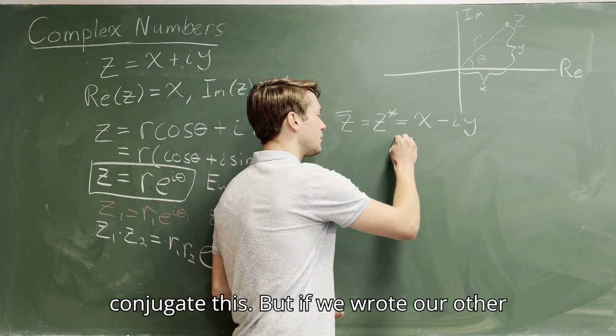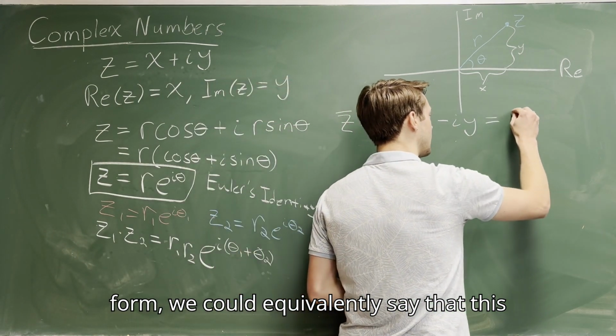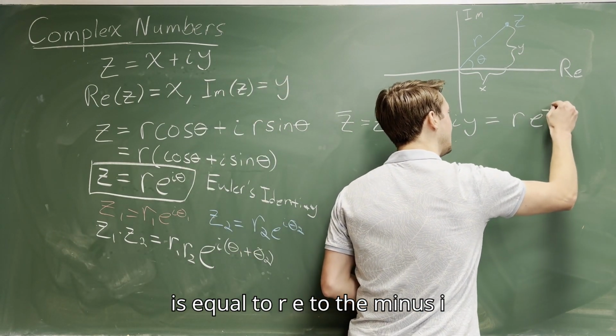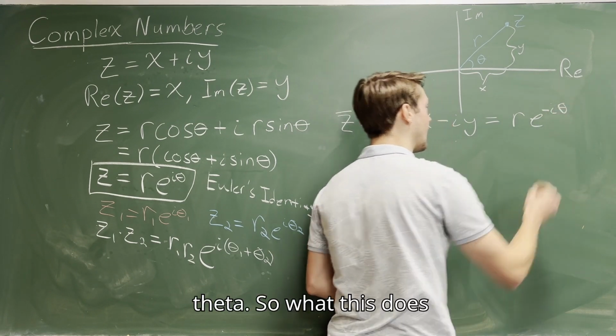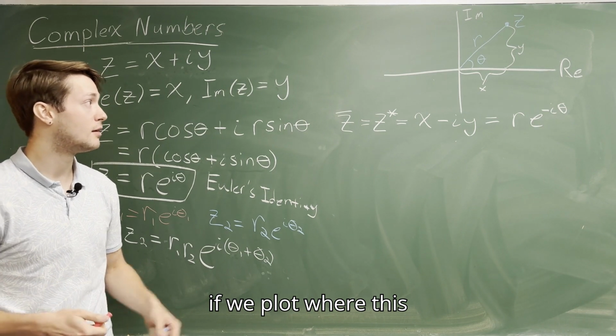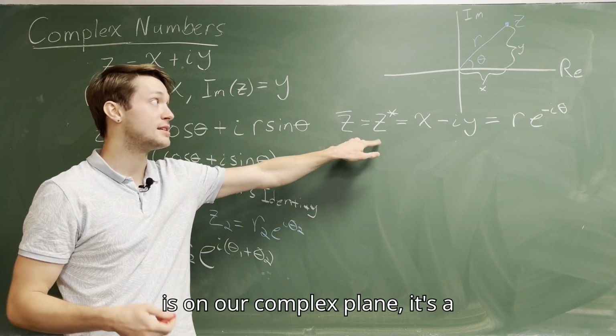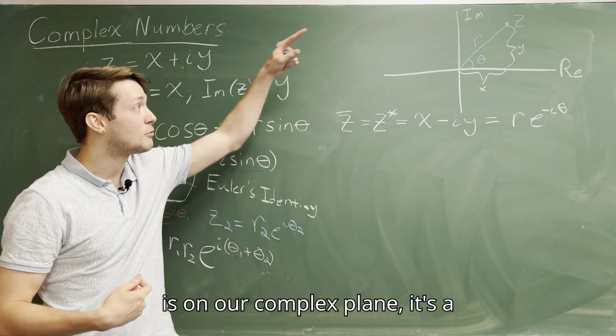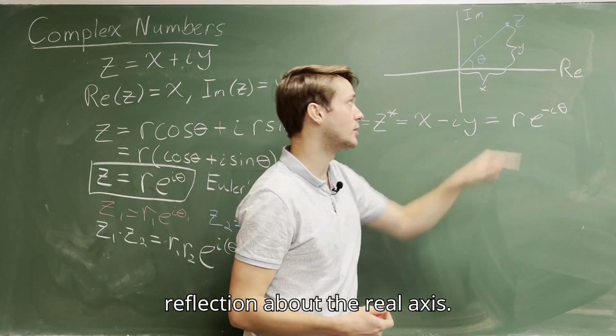But if we wrote our other form, we could equivalently say that this is equal to r e to the minus i theta. And so what this does, if we plot where this is on our complex plane, it's a reflection about the real axis.